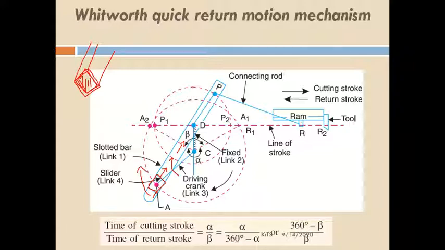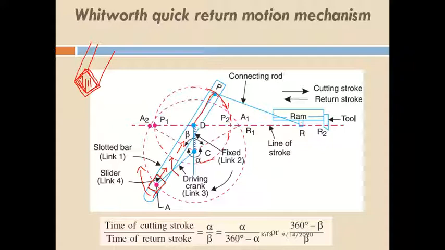When the piston slides, one end of the slotted bar will try to oscillate. It will make the other end oscillate in such a way that this particular line might make a perfect circle.